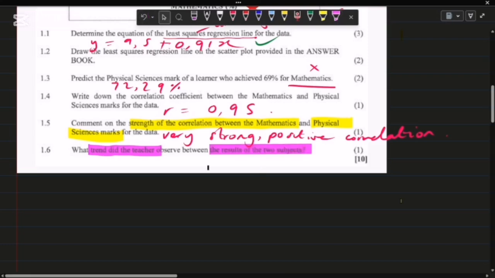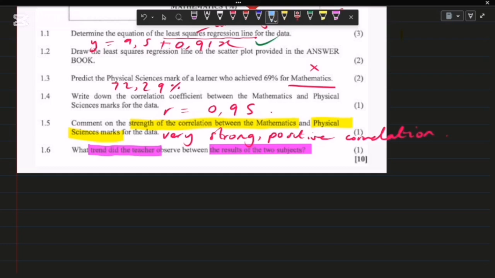Now we have to remember the main purpose of this experiment in the first place. The teacher wanted to see if there is any correlation whatsoever between a student's maths mark and their physics mark. Now we have established that there is a very strong and a very positive correlation.